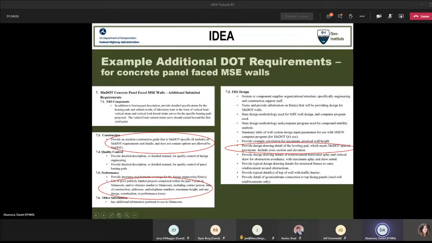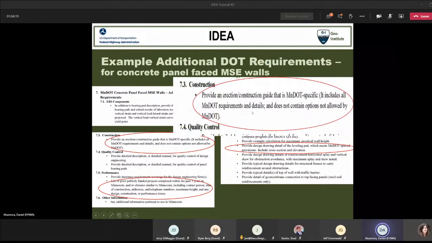So just to give you an idea, and this is from the Minnesota report, and Ryan Berg covered a little bit of this during the second webinar, here are some of the items that are included in these additional requirements. For instance, in Minnesota, they have a requirement to provide an erection construction guide that is Minnesota DOT specific.